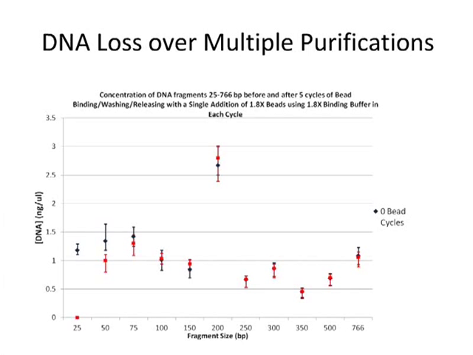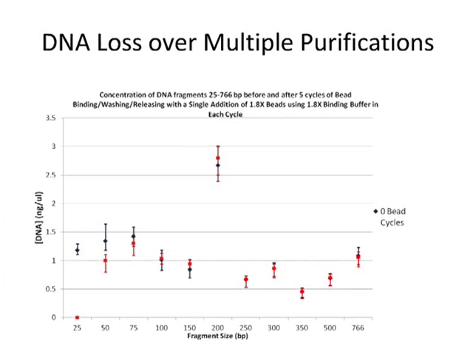And so what you're seeing is different fragment sizes, and the gray diamond indicates 0 bead cycles, meaning no purification step, and the red box indicates the amount of DNA retained for that same fragment after 5 cycles of bead binding, washing, and releasing.